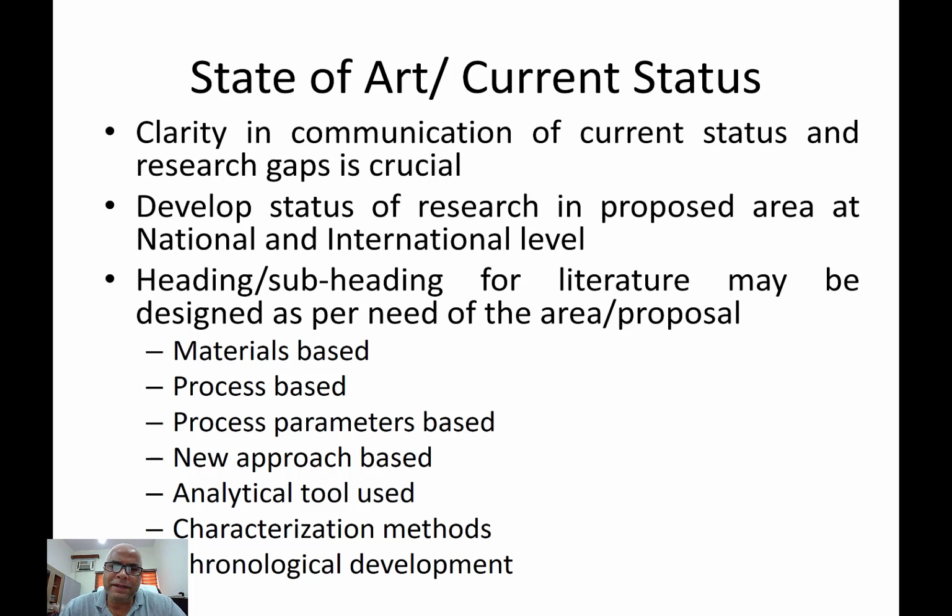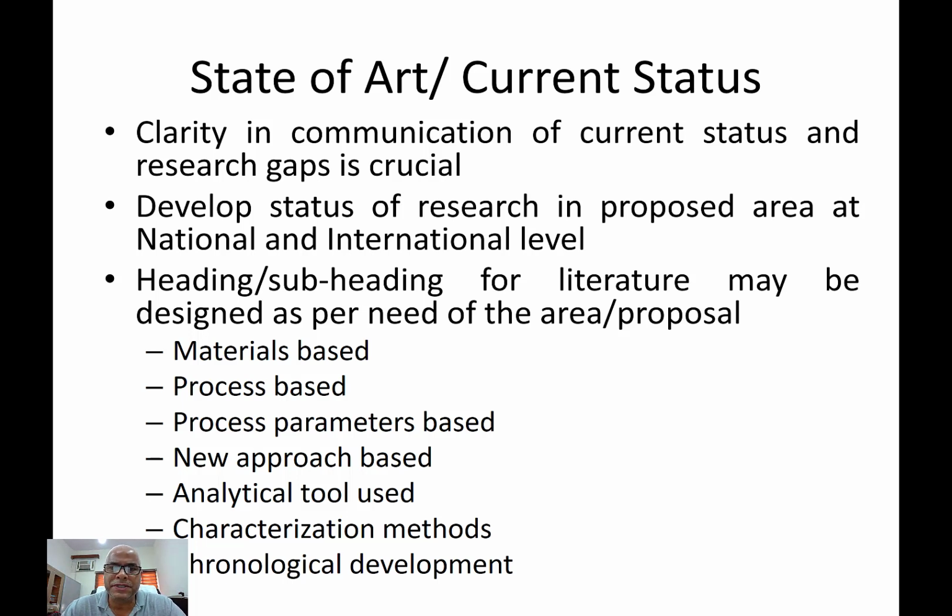Whenever the literature is collected, we will find that there are tens of research papers available in a particular area. So systematic organization of the literature is important, and that can be done in light of the area on which the research is being proposed.